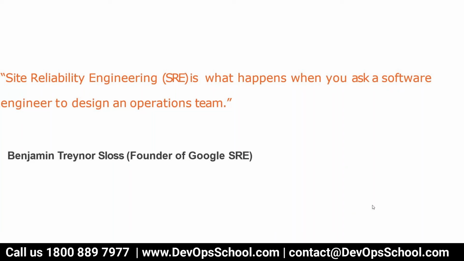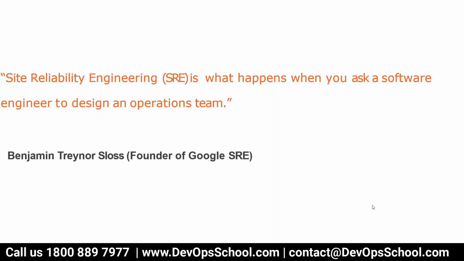Benjamin, who is the founder of Google SRE, has his own definition of site reliability engineering: what happens when you ask a software engineer to design an operations team? We had an operations team, and we all know that, nothing great about it. Those are the teams taking care of our applications, responsible for reliability, availability, security, uptime.